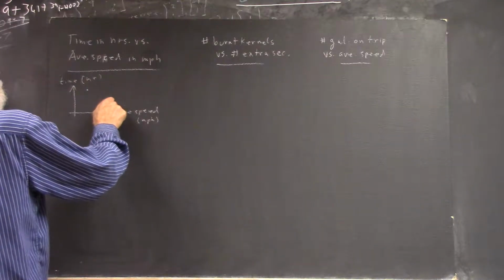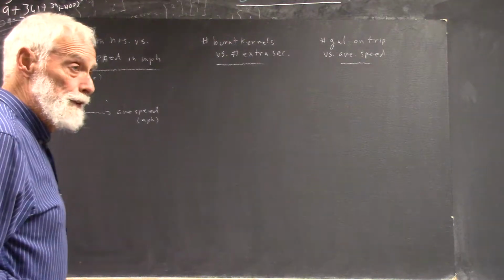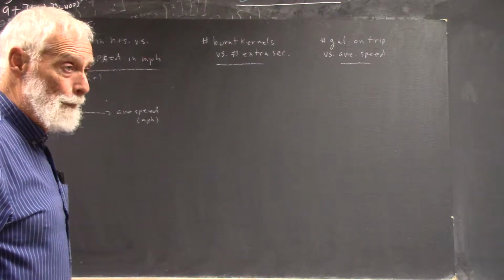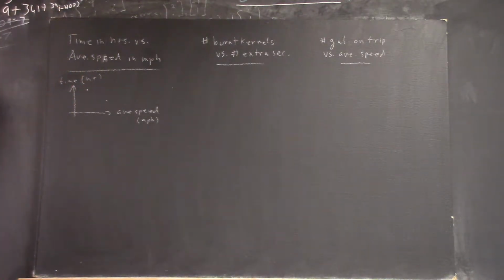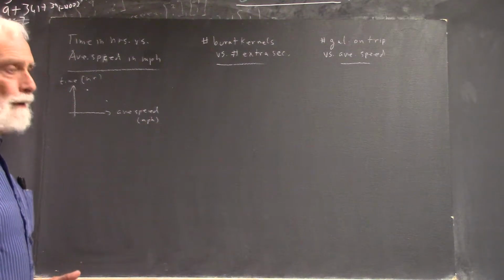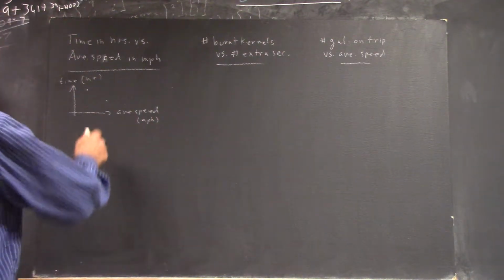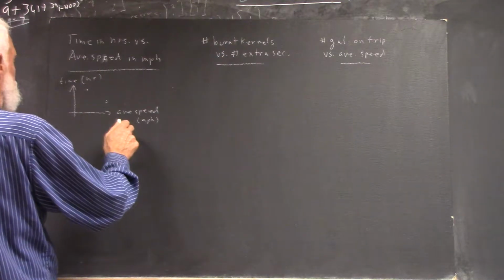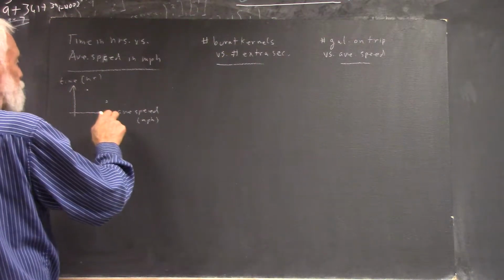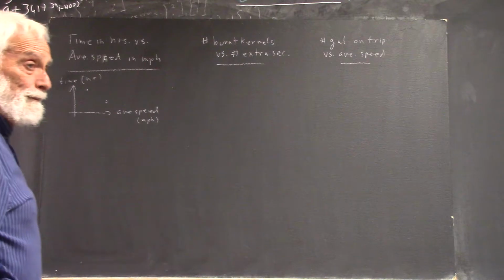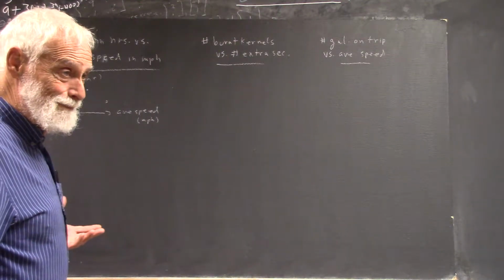A picture can be very helpful, not necessary, but it can be very helpful, right? Because you're doing a slope, it's going to be a fundamental triangle on a graph. And you know that the time in hours is going to go down with the average speed. Most people said that. Very good.